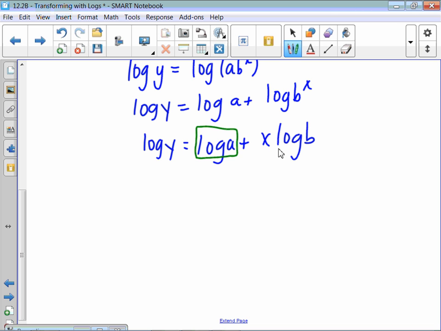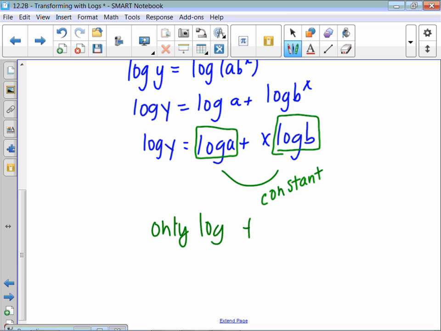You could plug it into your calculator and just get a constant. Which means we have a y-intercept here and a slope here, and we really only end up with log of y. So we only log the output variable, or the y.